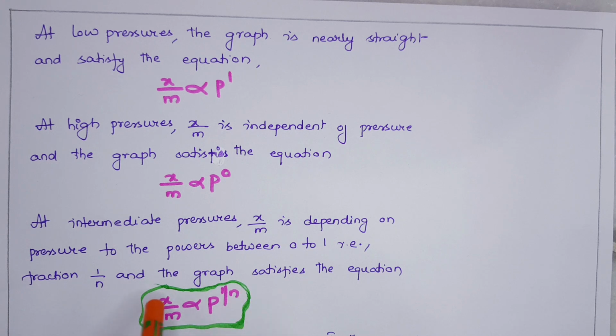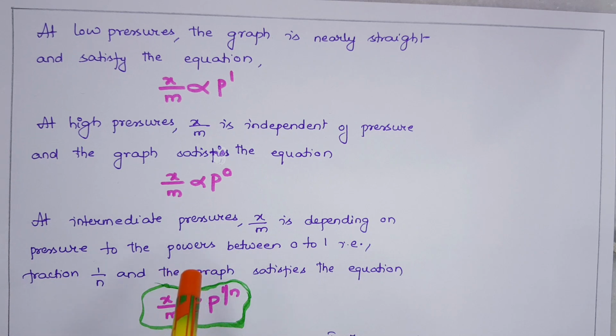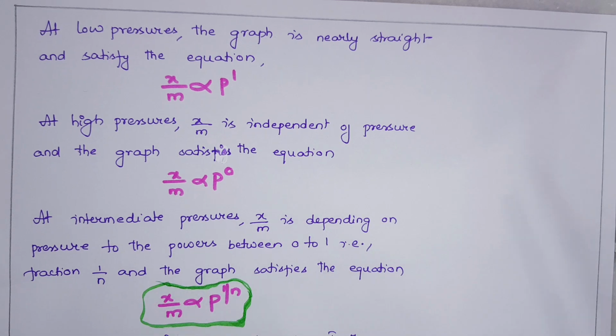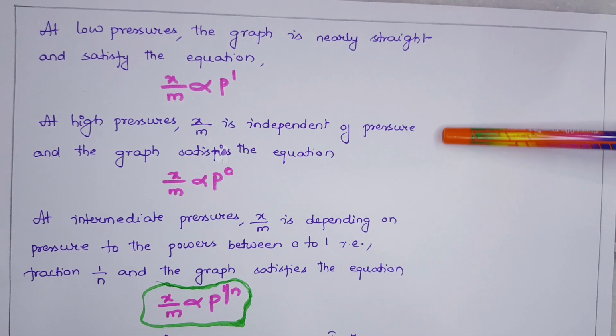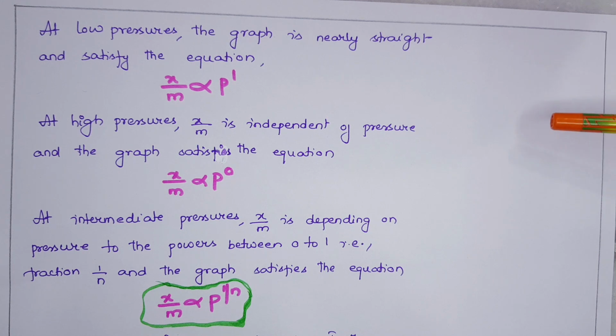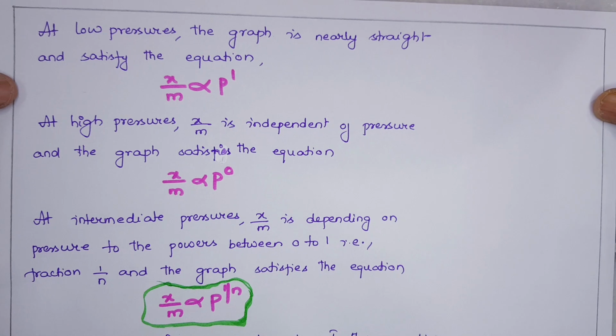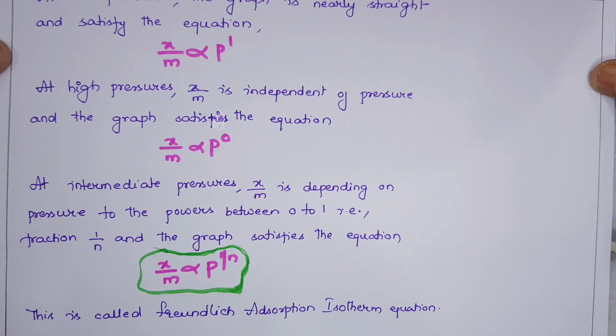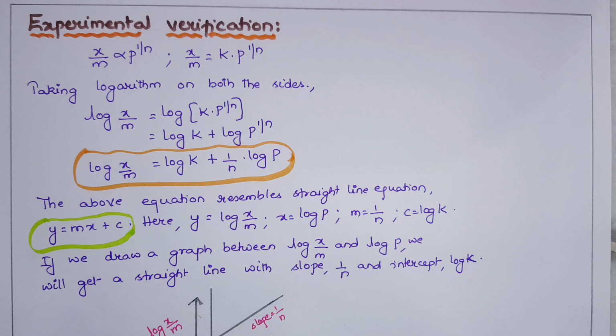Put it in a box, and this equation we call the Freundlich adsorption isotherm equation, students. So simple, over. Later we need to do some experimental verification.